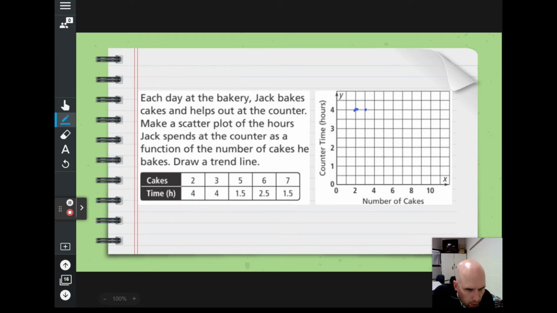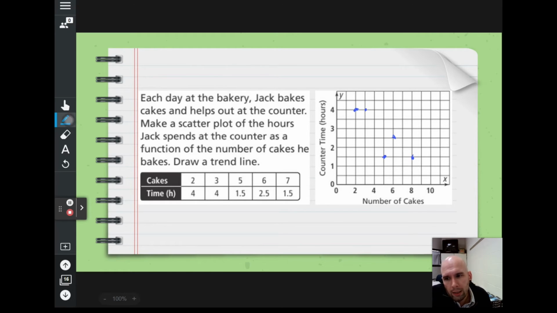So let's put that right there, right in between. 6 cakes, 2.5 hours. So in between. 7 cakes, 1.5 hours.